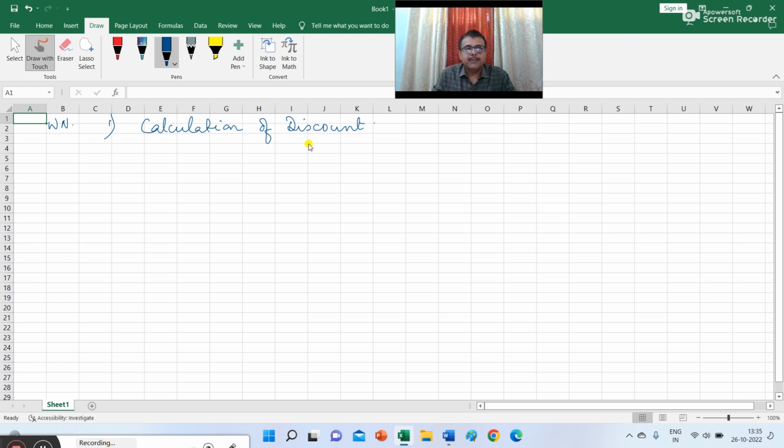So we have 3 departments X, Y and Z. Sales at normal price is rupees 20,000 for department X, 6,000 for department Y and 2,000 for department Z, and less sales at actual price.